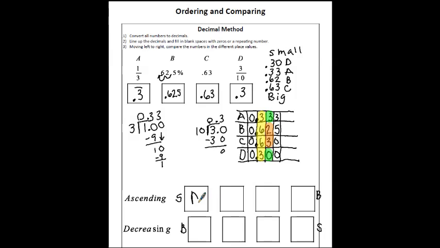So ascending, I'm going to go from smallest to biggest, and I would write D, A, B, C. So D, A, B, C are those fractions, decimals, and percents in ascending order. Now if I go the reverse way and go biggest to smallest, I would have C, B, A, D as my answers.